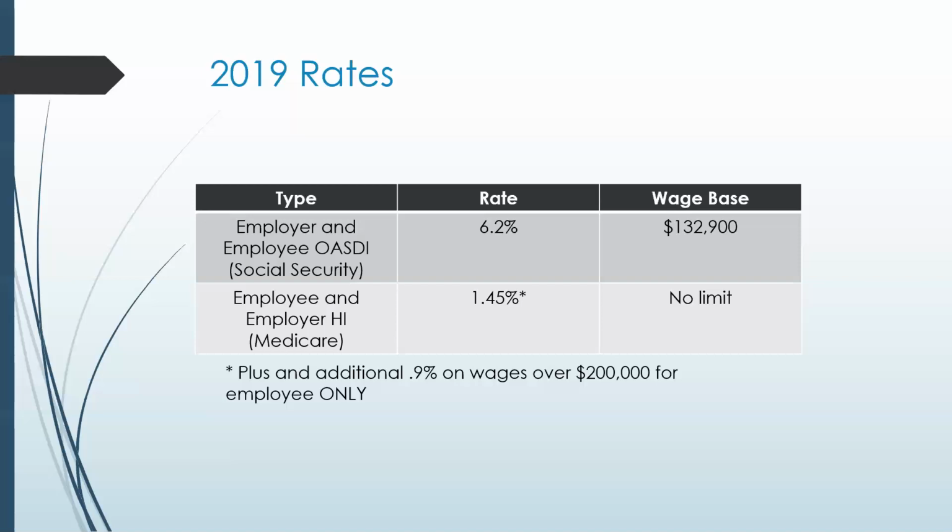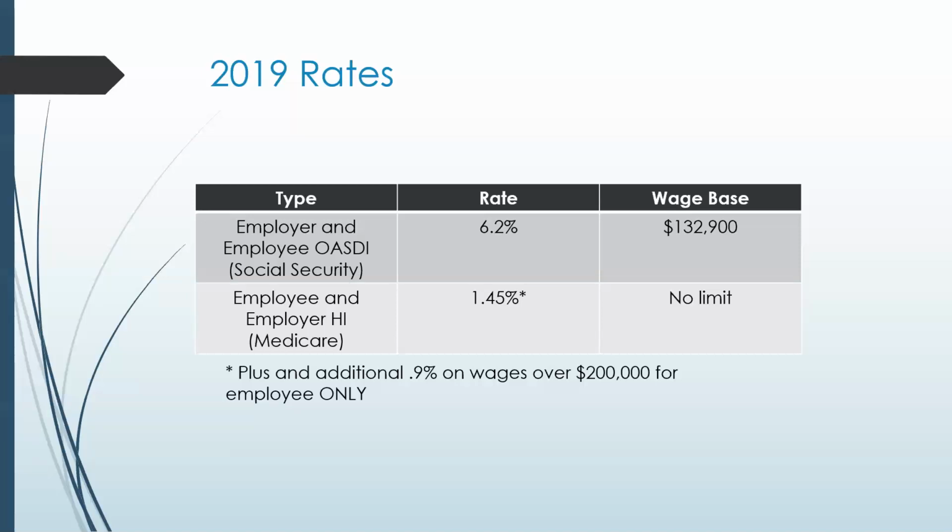So in this case, if you have employees that are making over $200,000 in the year, the employee and the employer Medicare are going to be different. Otherwise, if everybody's under $200,000, you're always going to have the exact same amount for the employer and the employee for both Social Security and Medicare.